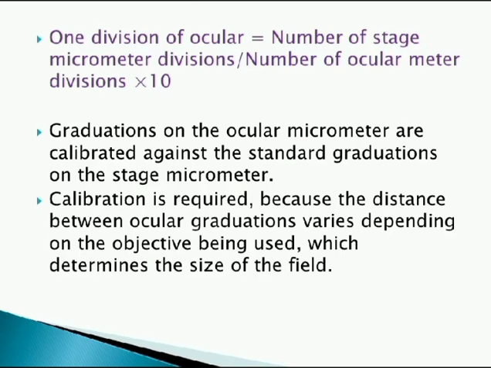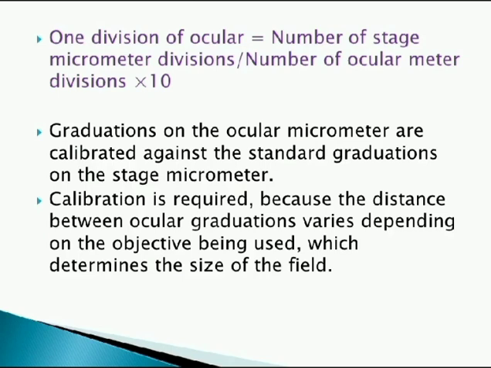With that calculation, we are going to calibrate the reading. Graduations on the ocular micrometer are calibrated against the standard graduation on the stage micrometer. Calibration is required because the distance between ocular graduations varies depending upon the objective being used, which determines the size of the field.